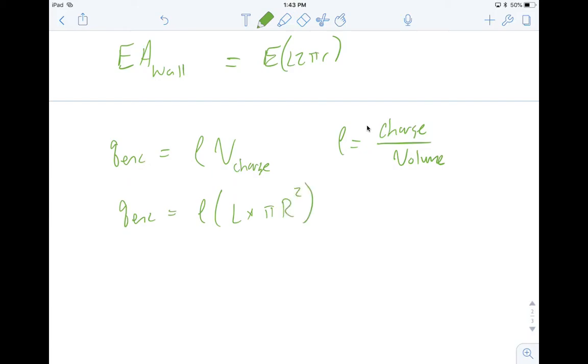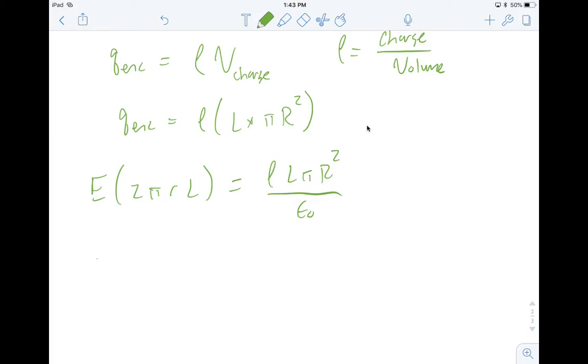Setting the left side equal to the right side, we have E times 2 pi r L equals rho L pi R squared divided by epsilon naught.